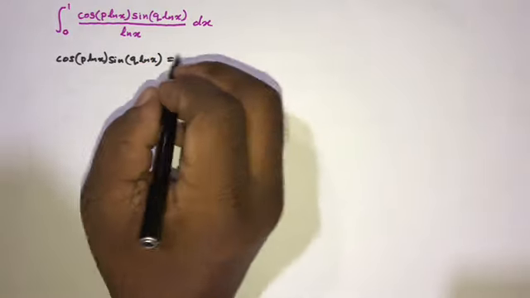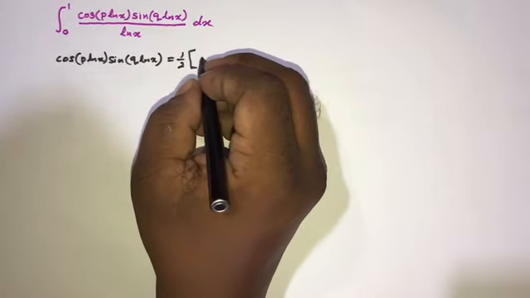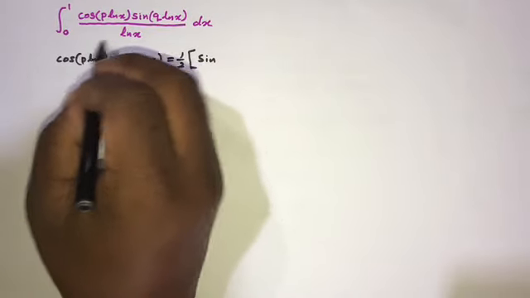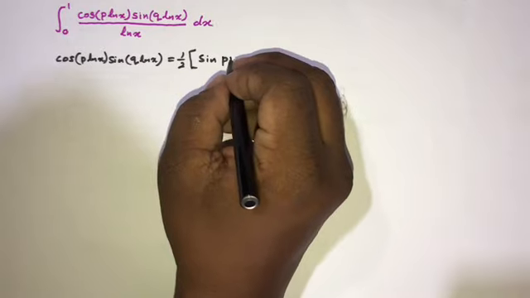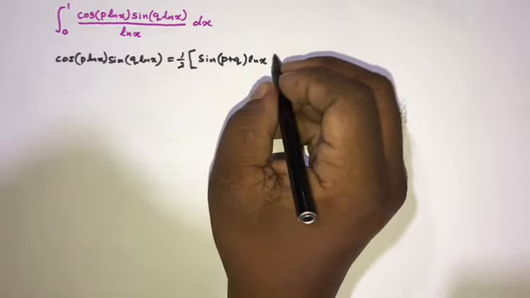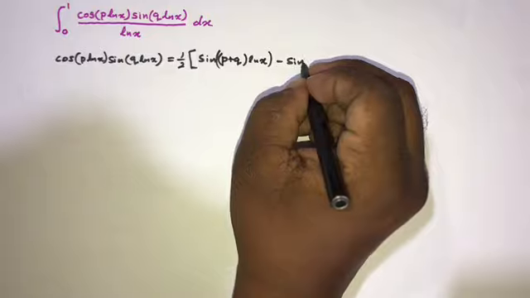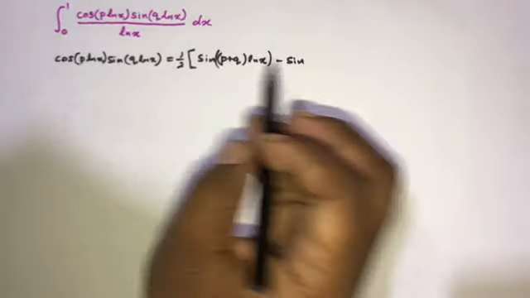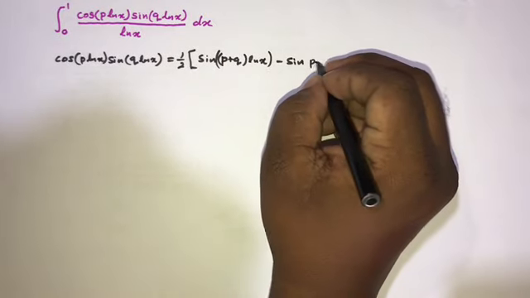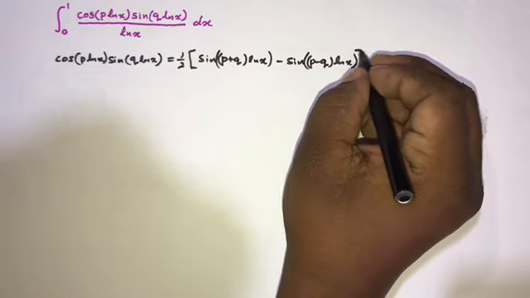Now using a trigonometric formula we can write this is equal to 1/2 times sine of the sum of these angles, so (p plus q) natural log of x, then minus sine of the difference of these two angles, so (p minus q) times natural log of x.